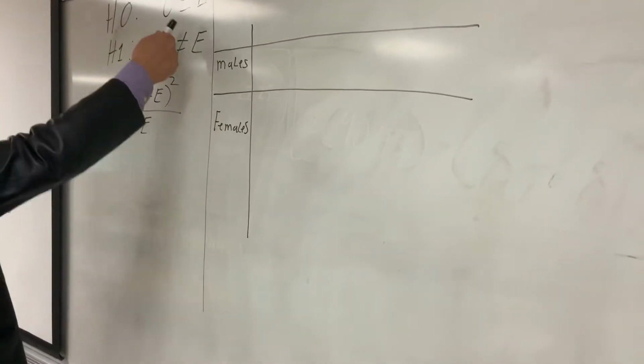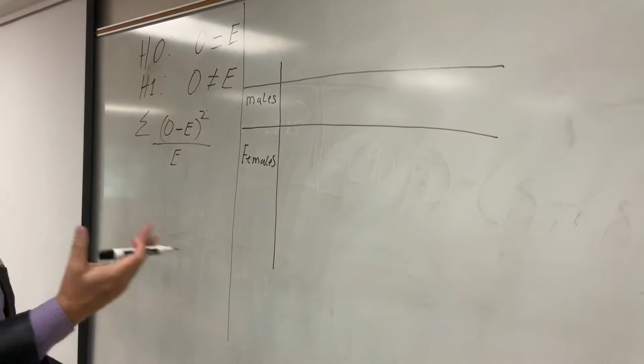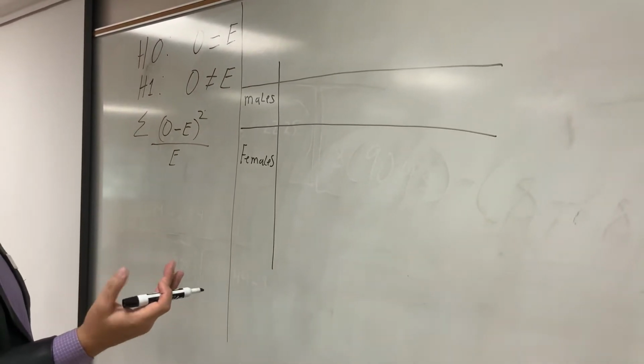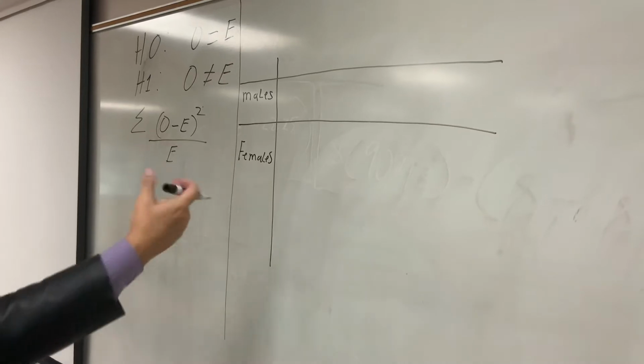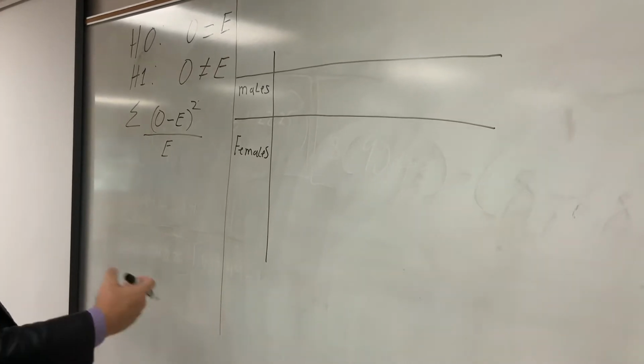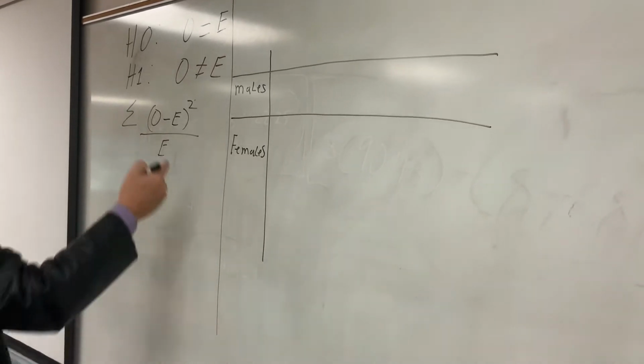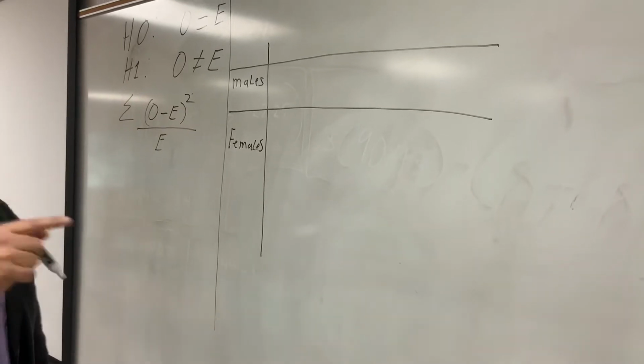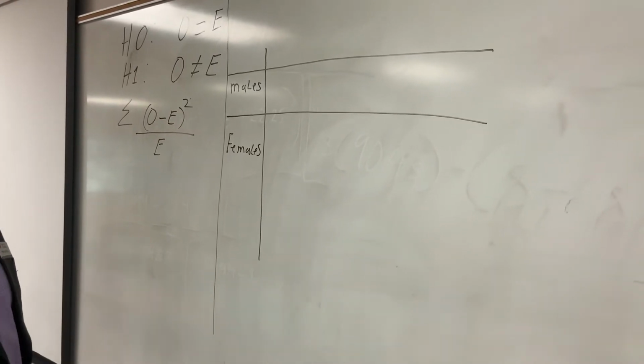So my null hypothesis up here is saying that there's not going to be any difference between what I observe and what I expect to happen under these conditions. And my alternative hypothesis is saying that there is a difference.